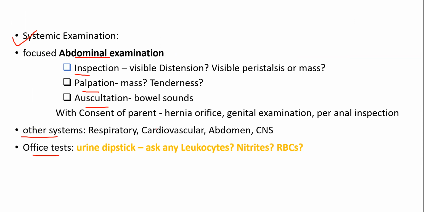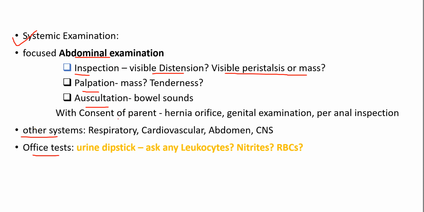Then I would do a focused abdominal exam, starting with inspection, looking for any visible distension, visible peristalsis, or mass, which can be found in pyloric stenosis or sometimes in intussusception. Then I would do palpation, checking for any palpable lump or any tenderness. Then I would check for any audible bowel sounds.